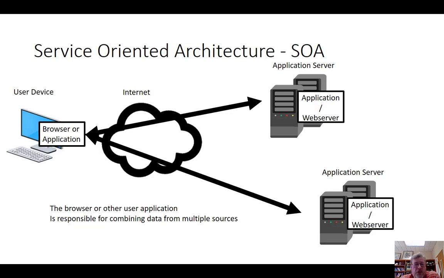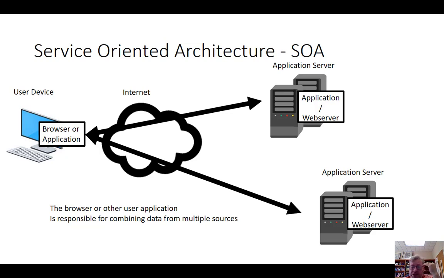And so we'll talk about some examples of services, but the point is to make these services be kind of standalone, so that they act kind of like modules. So each application provides a service, and we don't lock down in advance what combination of services you're going to need in your application. Your application on your browser is free to pick and choose the collection of services it needs to take care of the user.